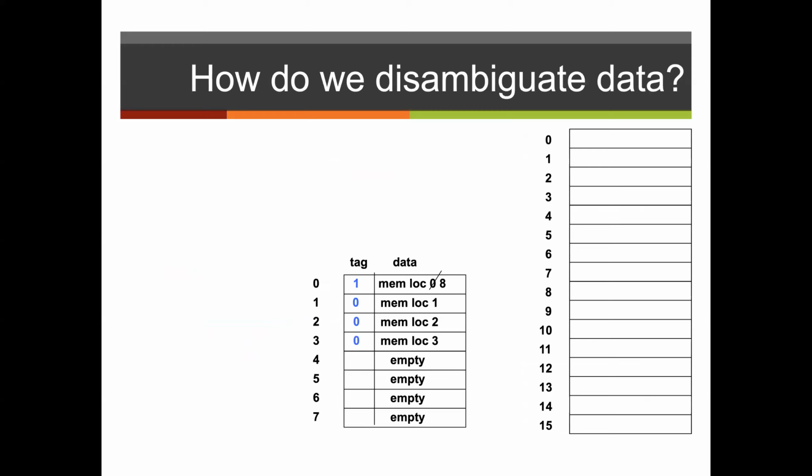So how do we disambiguate data? This means that we need to know if the information that we have in the cache is distinguishable among multiple memory addresses. And so what we'll need to do is incorporate a field called a tag.